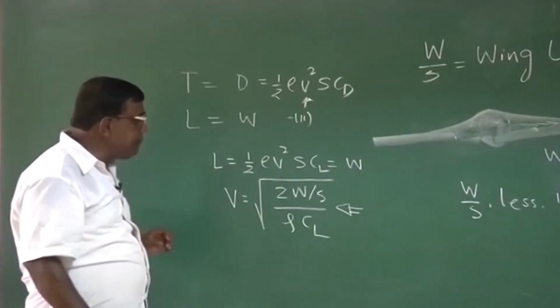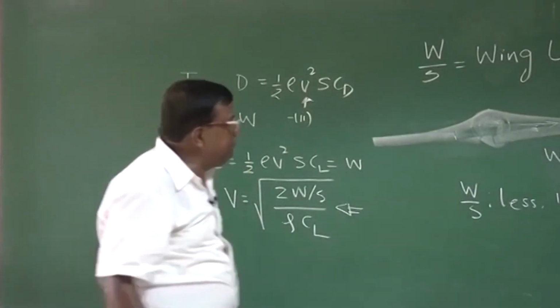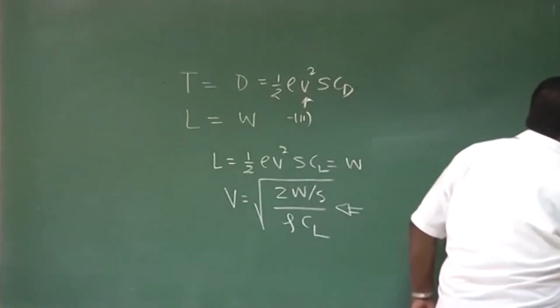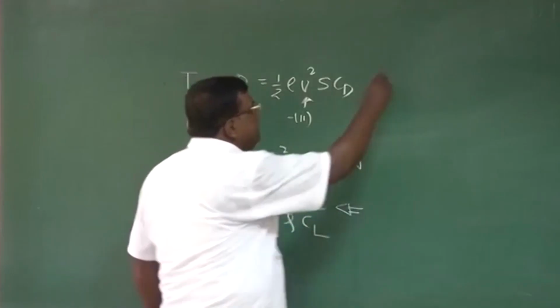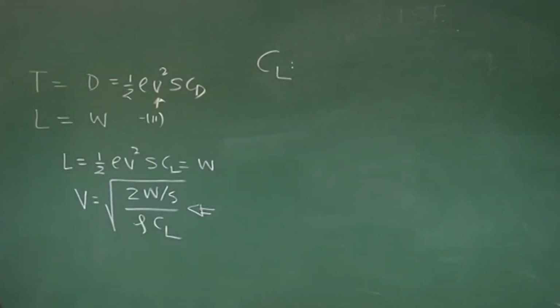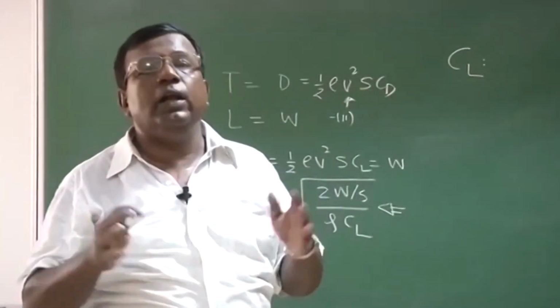Okay, so that is about wing loading, some first exposure. There is another important term in this equation, which is CL. What is this CL? This is not just the CL of the wing, it is the CL of the whole airplane.